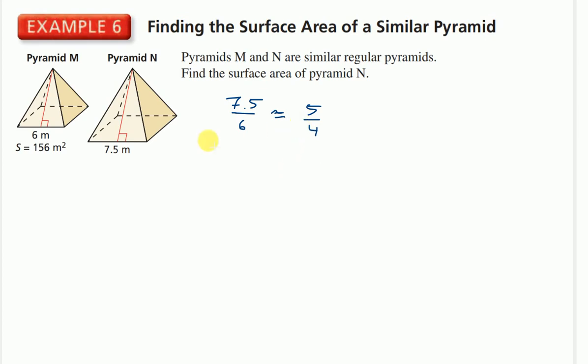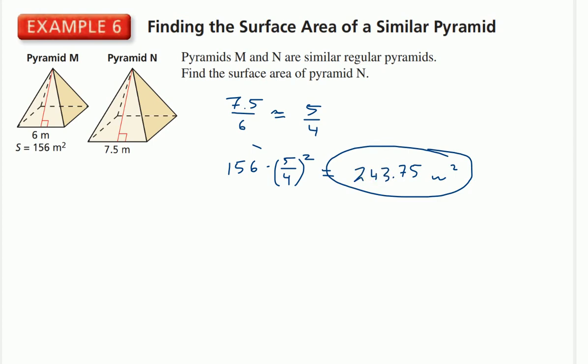And then I can take the surface area and multiply it by this factor squared. So I take 156 times 5 over 4 squared. Okay, and that gives me a new surface area of 243.75 square meters.